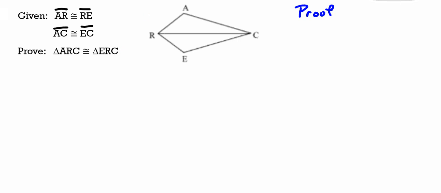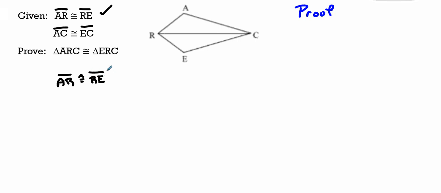So here's how it goes, and the method we're going to use is called a flowchart proof. It doesn't matter whether it's a flowchart or a two-column proof, always start with the given information. So here's one statement we can make: segment AR is congruent to segment RE.